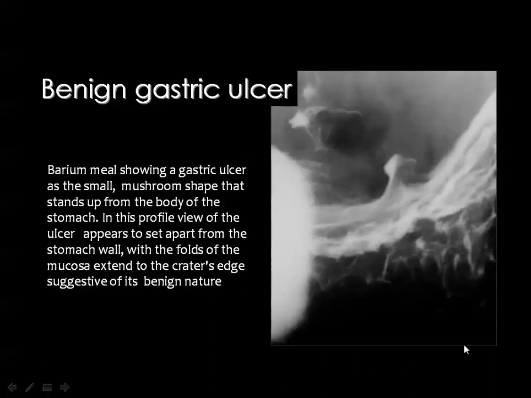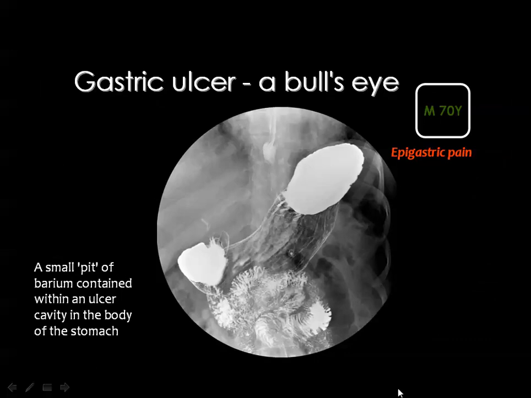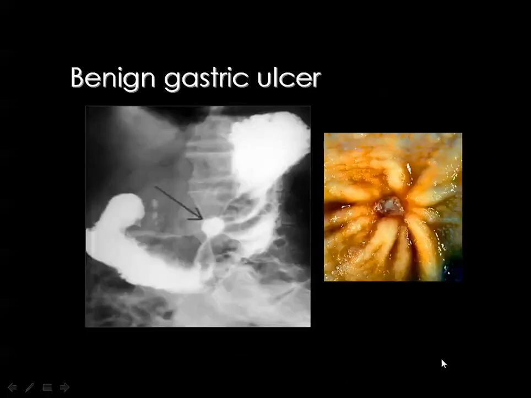And this is also an example of a benign gastric ulcer, and you can see the mucosal folds even going into the base of the ulcer. And this is what we call the bullseye ulcer, which is usually seen in cases of erosive gastritis. You see the fleck of barium, which is surrounded by a halo of edema.